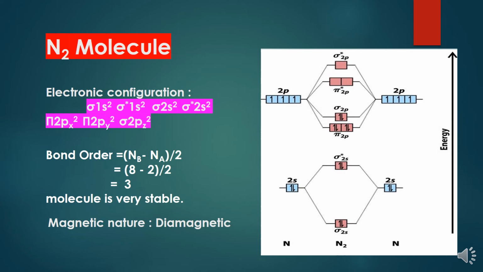So 3 bonds are present between the two nitrogen atoms. The molecule is very stable because bond order is quite high, and as all electrons are paired up, it will be diamagnetic. The electronic configuration is sigma 1s2, sigma star 1s2, sigma 2s2, sigma star 2s2, pi 2px2, pi 2py2, sigma 2pz2. All anti-bonding molecular orbitals of 2p are completely empty here.